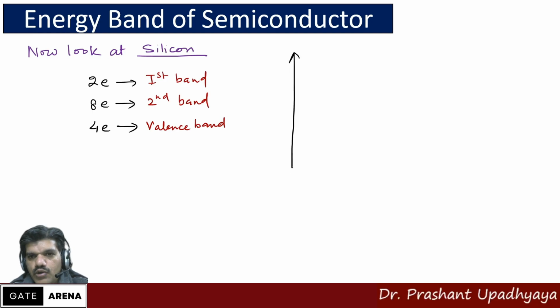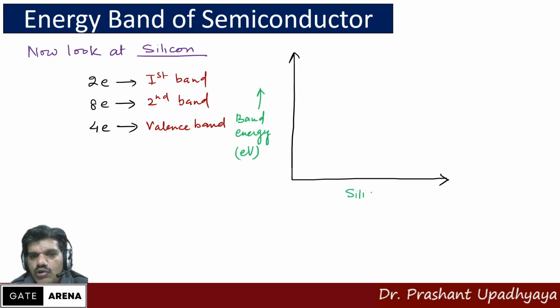Here I'm plotting again the graph of silicon with respect to the band energy, which is given in electron volts. So I'm writing band energy in electron volts.